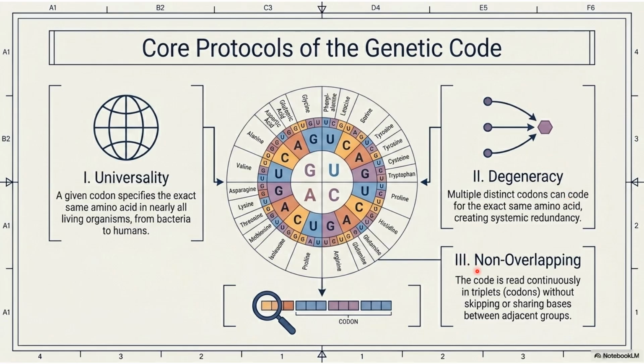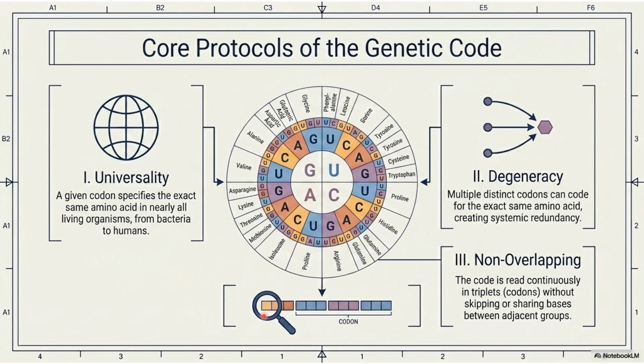And then non-overlapping. If you see this is the mRNA codons, you are reading from 5' to 3'. If you read these 3 nitrogenous bases, that is one codon for a particular amino acid, and the translation process will not overlap and read the next 3 like this. It will skip to the next codon and then the next codon.